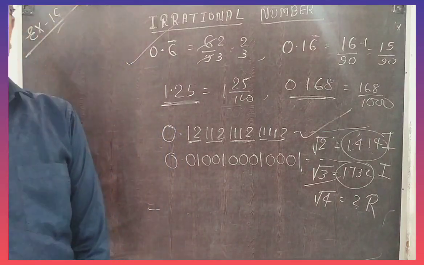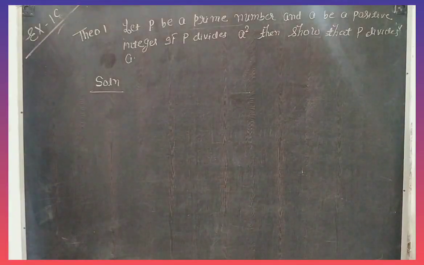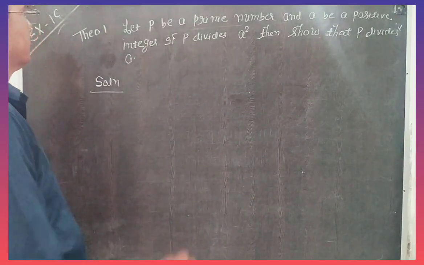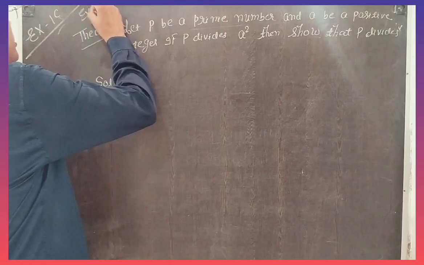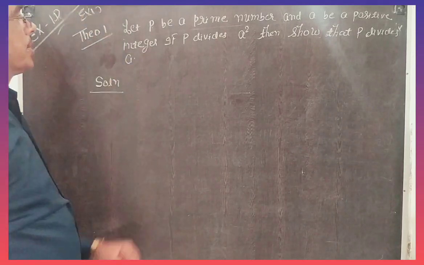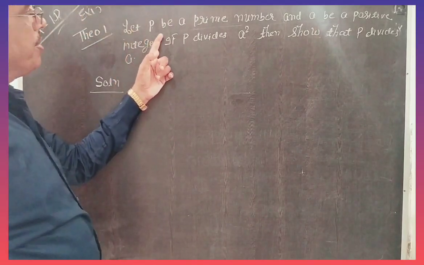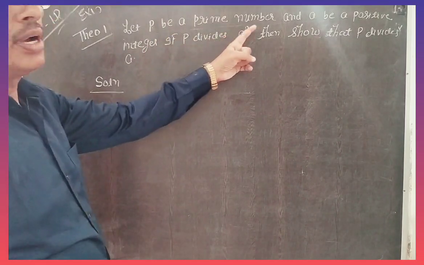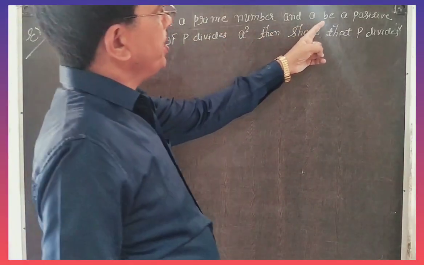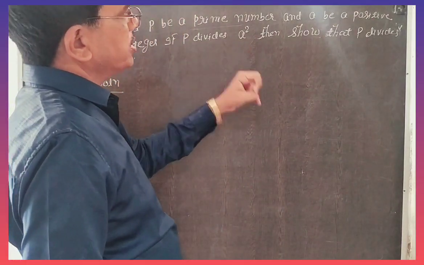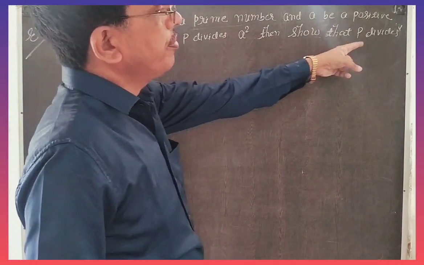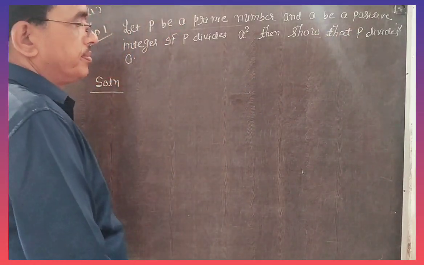Now I give some examples. Theorem first of exercise 1D: let p be a prime number and a be a positive integer. If p divides a square, then p divides a.